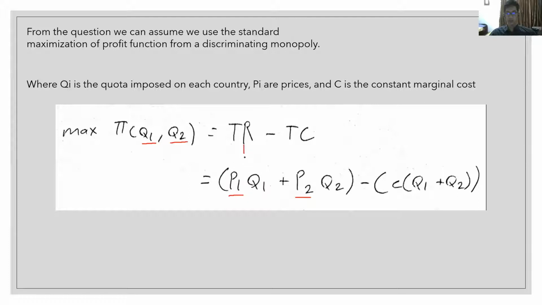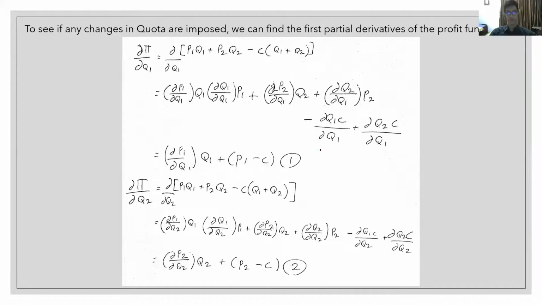And this we can expand into P1 Q1 plus P2 Q2 for TR, and then C times Q1 plus Q2 for total cost. Then, to see if there are any changes when quotas are imposed, we first have to find the partial derivatives of the profit function.